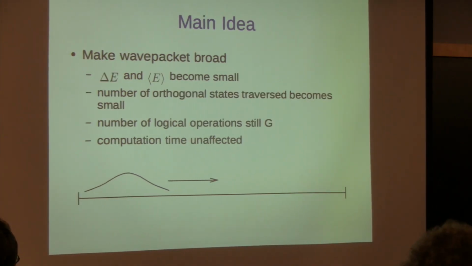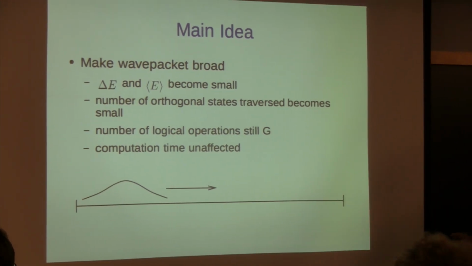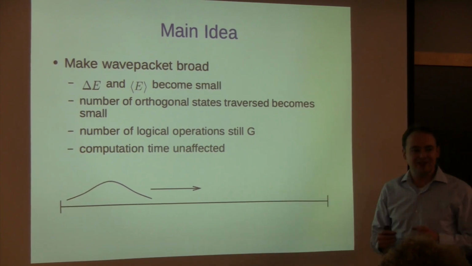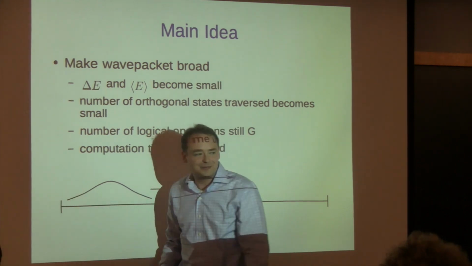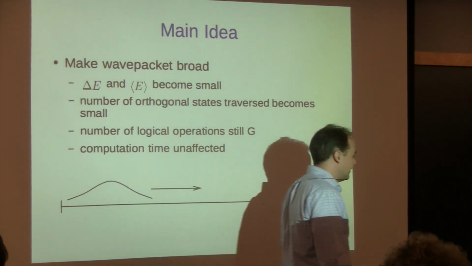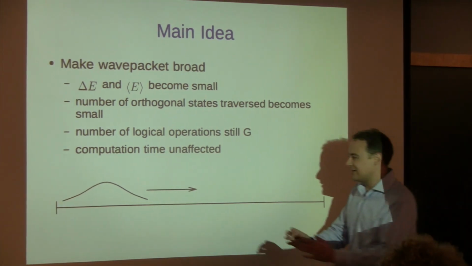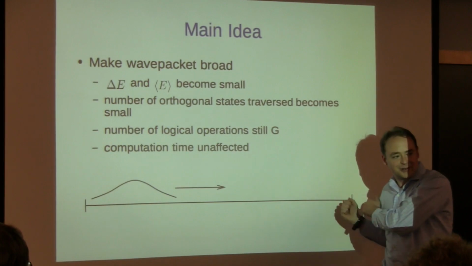And so what is the main idea of adapting this construction to circumvent these barriers? It's basically just make these wave packets broad. That's basically it. If you make these wave packets broad, the broader you make them, the fewer orthogonal states you're traversing as you go across.